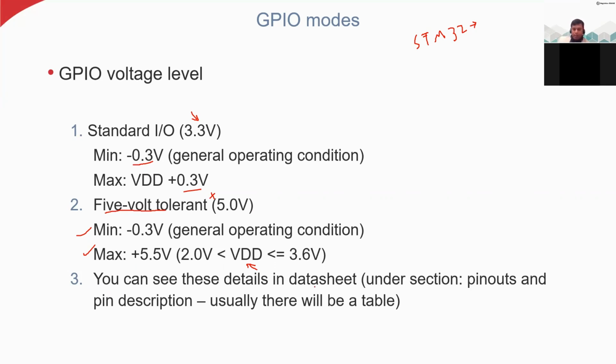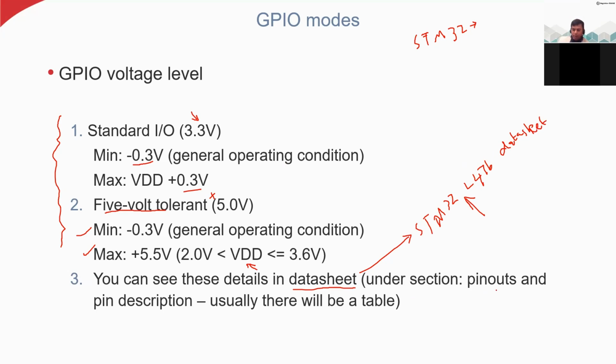If you want to know more about these voltage levels, please go to the data sheet of the corresponding microcontroller. For example, if you are using the STM32L476, go to the data sheet of this microcontroller. Just Google the data sheet and you will find it. You will find a lot of information inside.